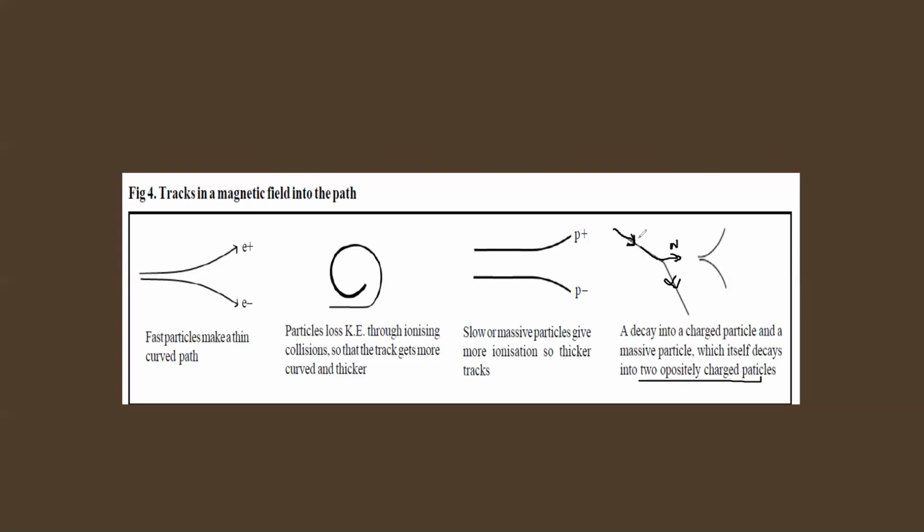But why is the path not curved here, even though there is a magnetic field? It shows that it has a very high momentum. That's why the path is not curved. And then this neutral particle further decays into positive and negative particles, which have different momentum. Why? Because you can see their curves, the radius is not the same.